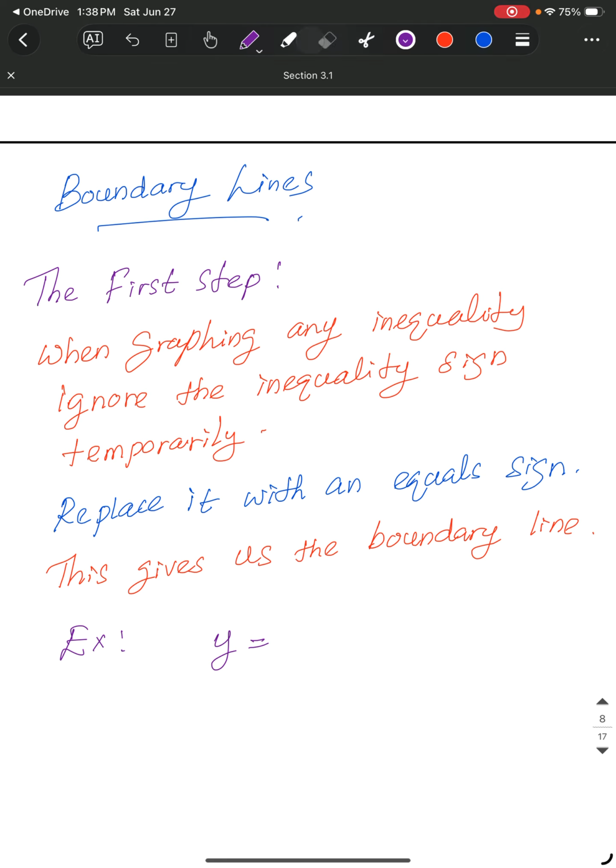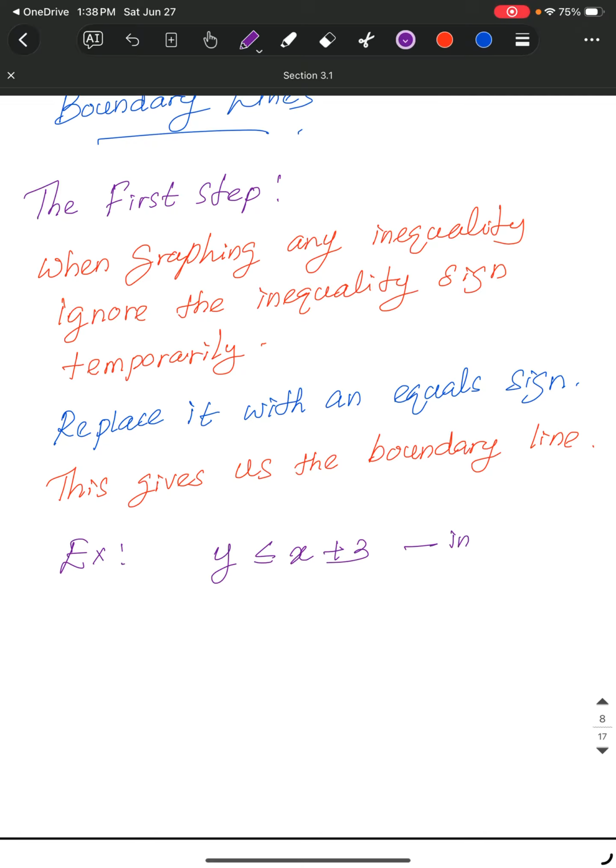For example, y less than or equal to x plus 3. Here we have the inequality: the y values are less than or equal to x plus 3.